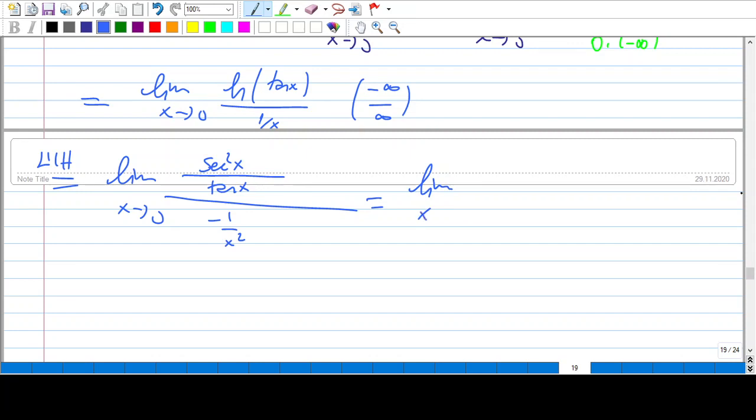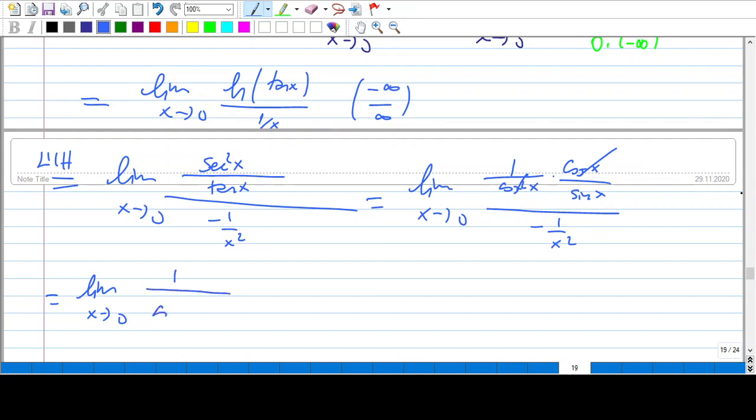Limit as x goes to 0 of 1 over cosine square x over sine x over cosine x, over minus 1 over x square. So one of the cosine terms cancels here. We have limit as x goes to 0 of 1 over cosine x times sine x, over minus 1 over x square.